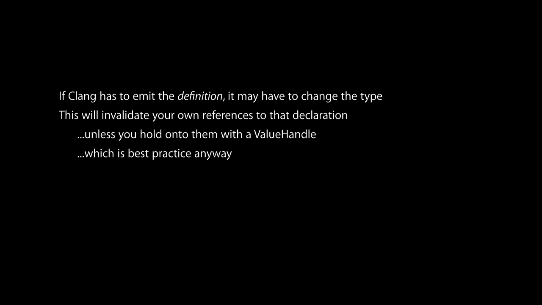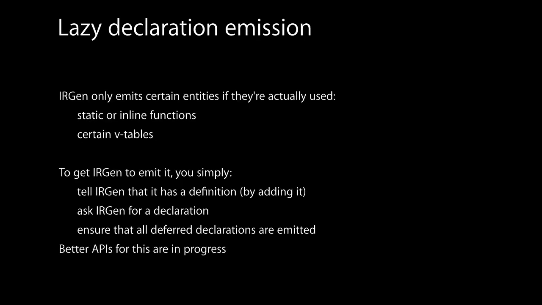So if Clang has to emit a definition of something, it might have to change the type. That is something you have to be aware of when you are asking Clang to emit definitions. Another thing you might need to be aware of, like with that static inline flip over x-axis function, is how Clang does lazy declaration emission.